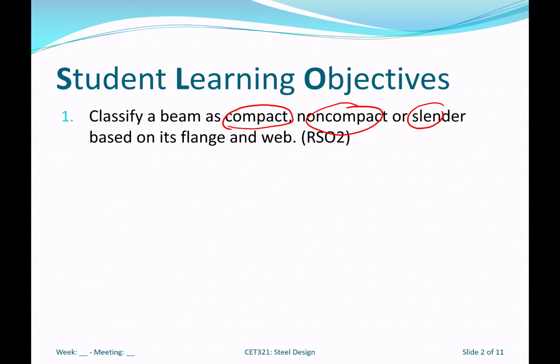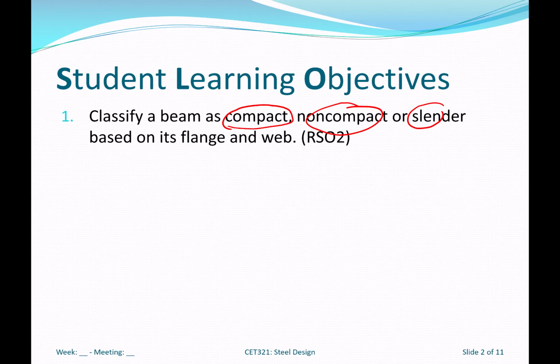Again, it's going to be either a compact section, non-compact section, or a slender section, depending on the worst condition, right? So slender is worse than non-compact. Non-compact is worse than compact. So going the other way, compact is the best. Non-compact is not so bad. Slender can be kind of a hassle.